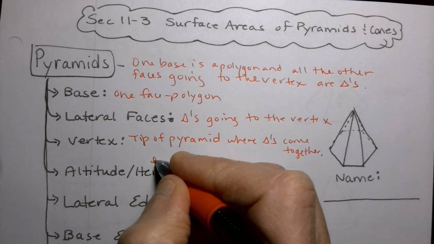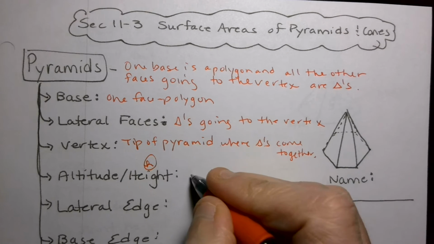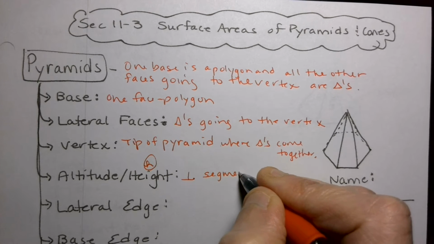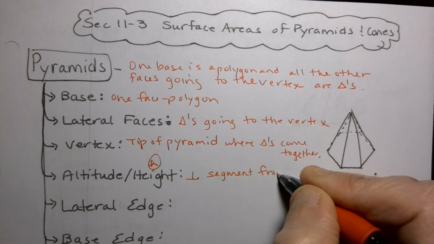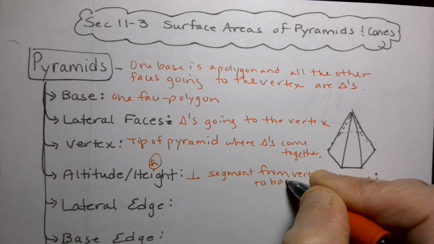The altitude or height, which of course we use the cursive h, is the same in this one too. It's the perpendicular segment from the vertex to the base.